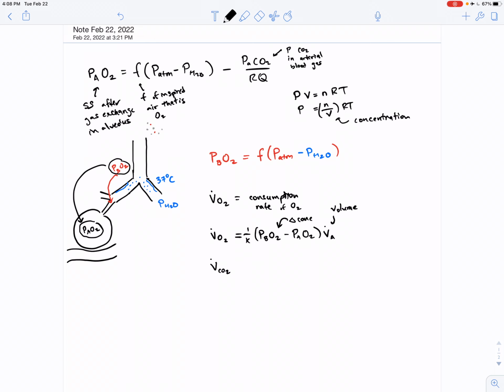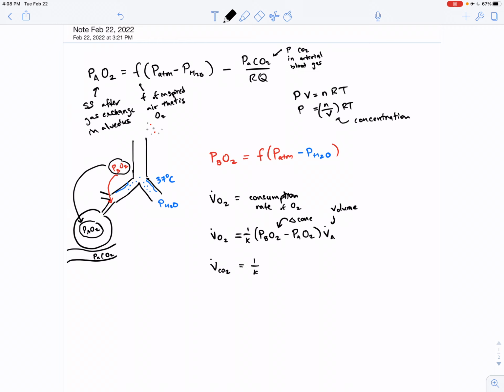So V dot CO2 is a lot simpler because we know that carbon dioxide diffuses extremely well across the alveolus. Basically, whatever carbon dioxide concentration we see in our arterial blood gas, some PaCO2, that is going to get fully equilibrated with the alveolus very quickly because carbon dioxide diffuses very, very quickly.